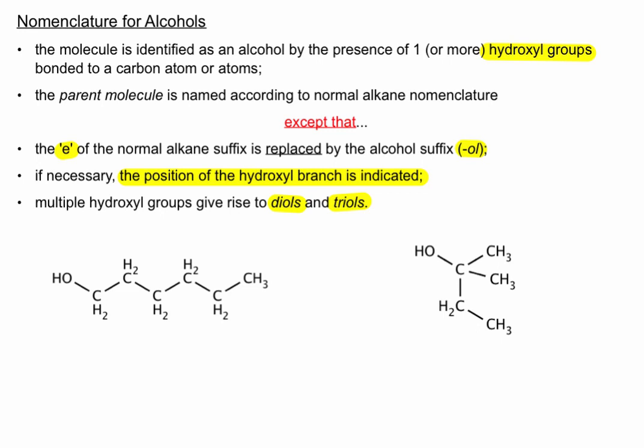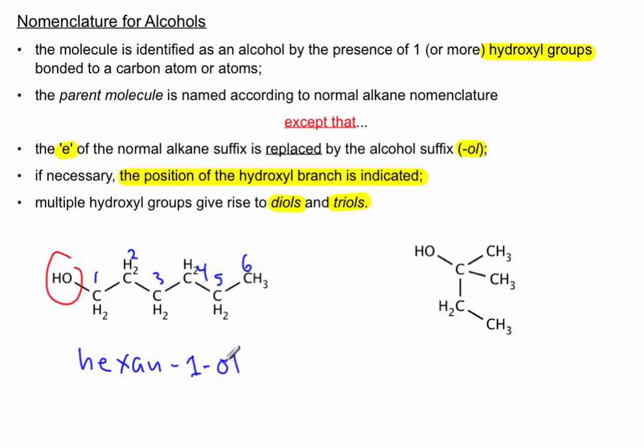So if we look at our first example here, there's our identify. So this is an alcohol because of the presence of that hydroxyl group and a terminal carbon, or carbon 1. So we would number those carbons, and we'd have to indicate the position of that hydroxyl group. So this is going to be, it's a 6 carbon, so it's hexane, so we make it hex and 1 ol.